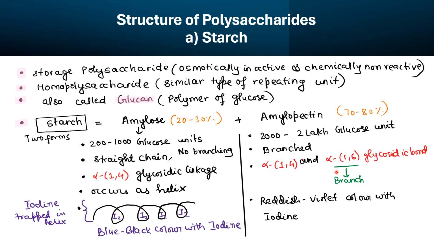It is made up of alpha 1,6 glycosidic linkage, right? So when you add iodine to amylopectin, it will give a reddish violet color. Okay, let's see the linkages in more detail in the next slide.